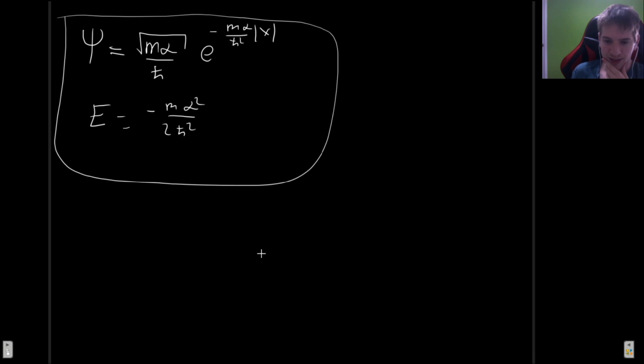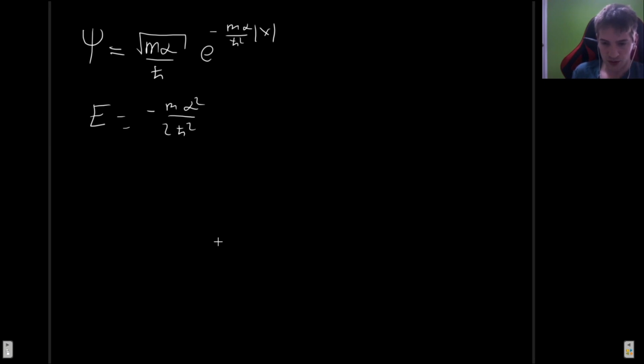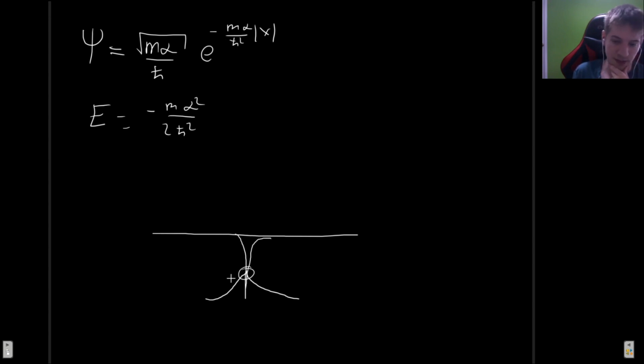Yes. So these are the results for our bound state. And just to visualize it a little bit, actually I should go like this, considering that it's going to be more negative. We have this delta function here, and these wave functions are just going to be something a little bit like that. And this discontinuity will be because of the existence of this delta potential.